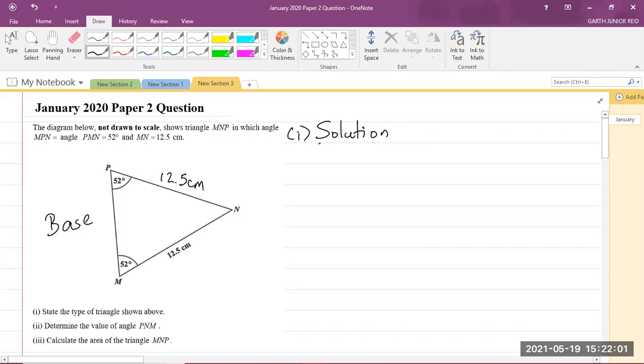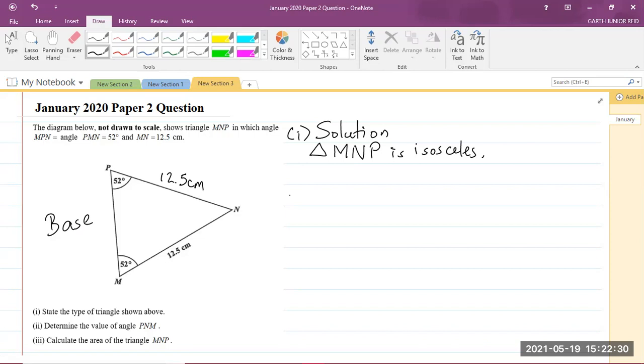And I can say that the triangle MNP is isosceles. That is my solution. It didn't ask us to state the reason, it never said to justify your answer or give a reason, so you can just leave that as it is.